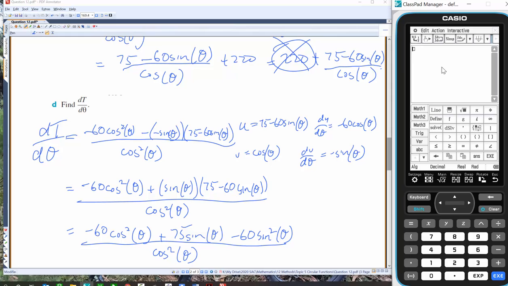Now let's go to the calculator at this point. Define f of x equals, where's my function? 220 plus 75 take away 60 times the sine of x all over the cosine of x.